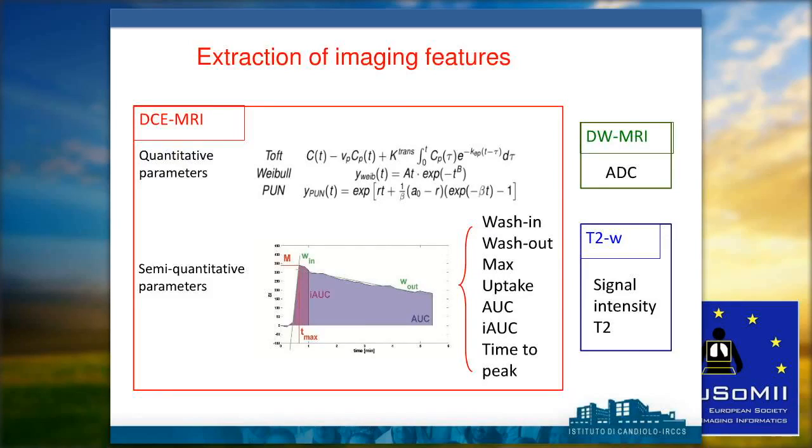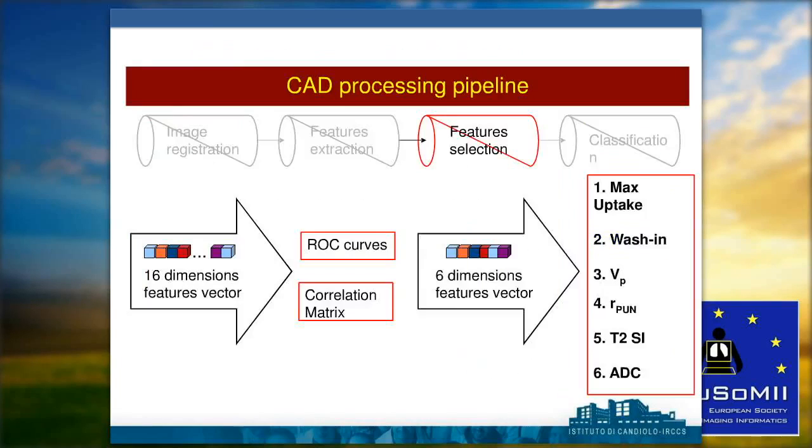And then we have parameters derived from diffusion weighted imaging, specifically ADC, or signal intensity on T2 weighted images. Then we have to select the most useful ones. In this case we found 16, but we are not going to use all 16. We are going to use a classifier and select the ones that are most probable to detect cancer with respect to benign tissue.